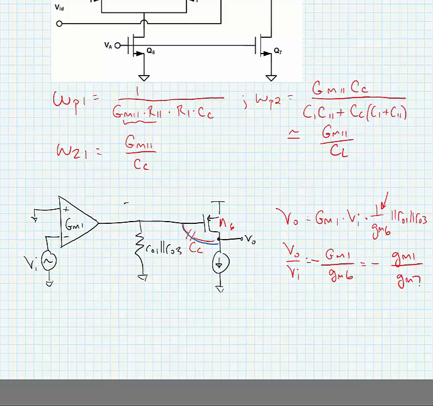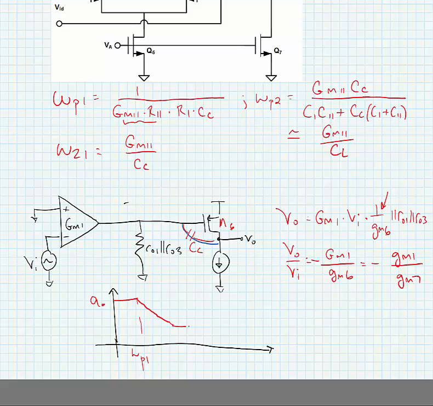So if we were to plot a Bode plot of this response, it would look something like the following. We're just looking at the magnitude right now. The low frequency gain would be what we calculated earlier. We would hit the dominant pole, omega P1.